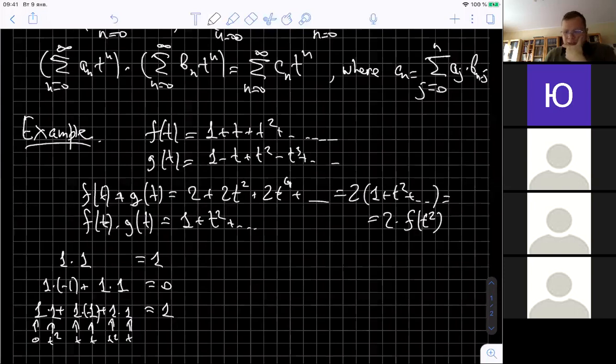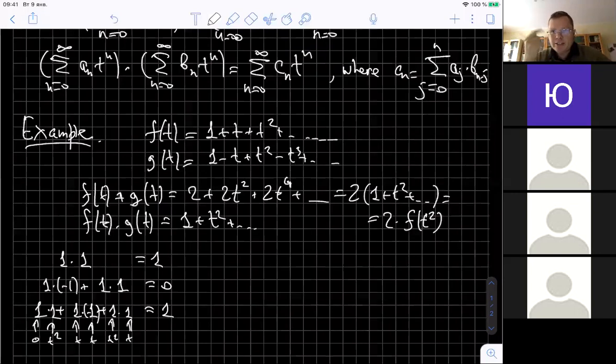So can anyone write, which is the next power of t with a non-zero coefficient? 4. Yeah, of course. So you will see that if you have even powers, then we'll have exactly equal numbers of ones and minus ones.